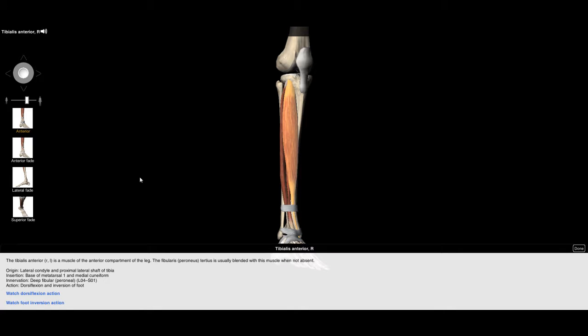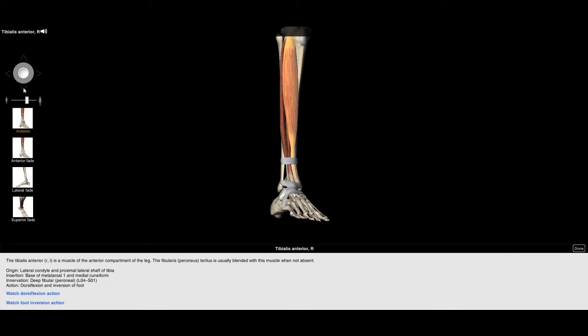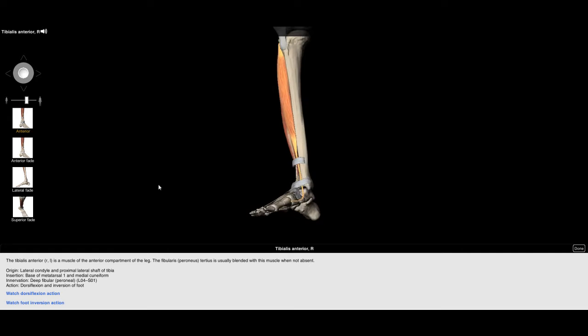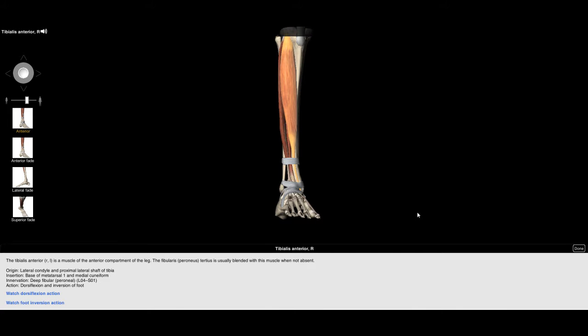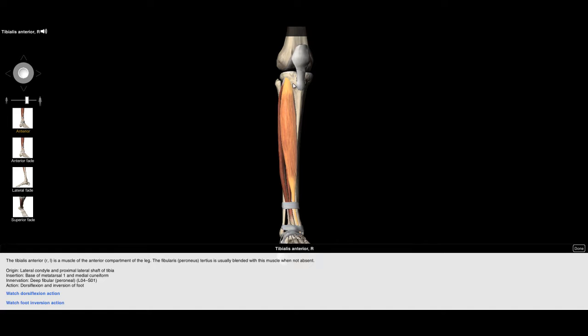and we can identify its attachment along the base of the first and the medial cuneiform, and its proximal attachment then is along the lateral condyle and the shaft of the tibia.